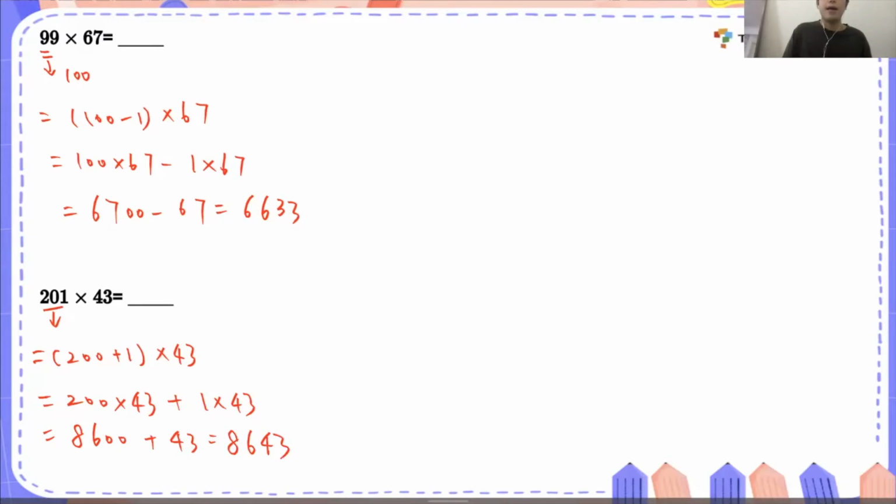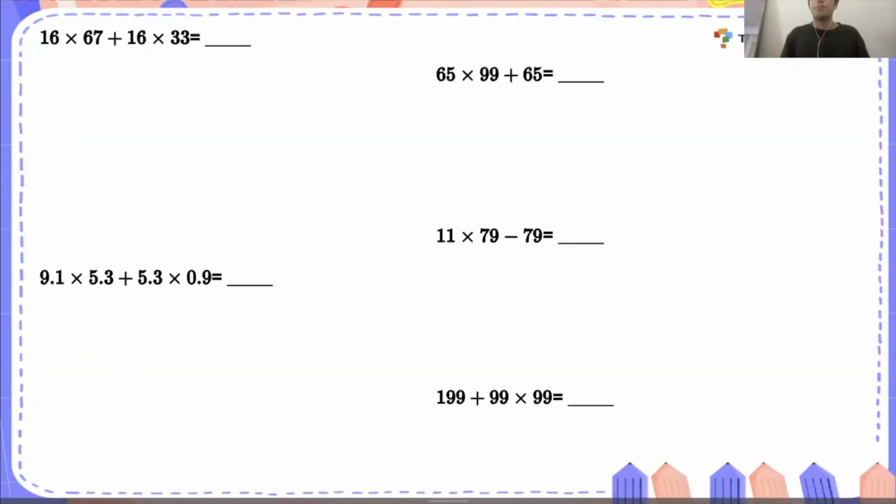Okay, and next part. Whoa, we have so many questions, and we should use the method of finding common numbers. Okay, the first question, which number appears in both multiplications? That is 16, right? So we just extract this 16 and put the other numbers in brackets.